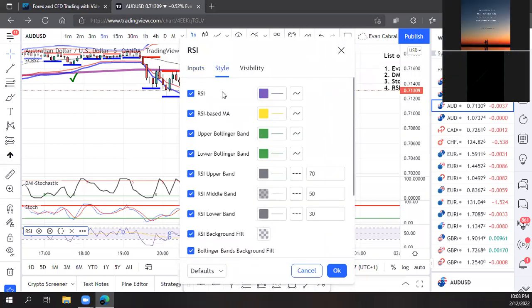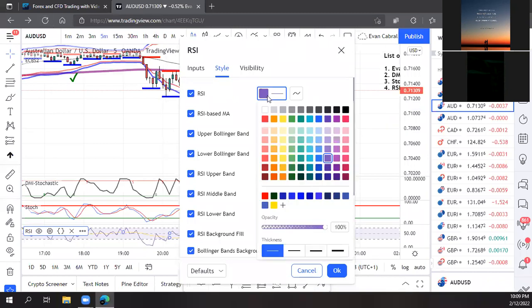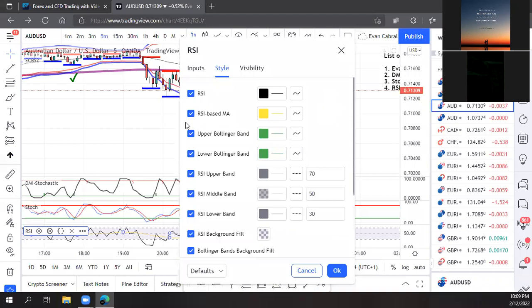So when it comes to style, where it says RSI, I want to make it black. I'm setting that as black. Then every other thing, RSI based MA, I'm going to untick that. Upper Bollinger Band, I'm going to untick that. Lower Bollinger Band, I am unticking it as well.